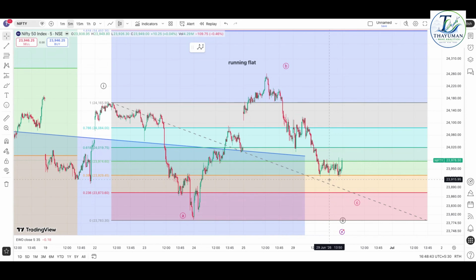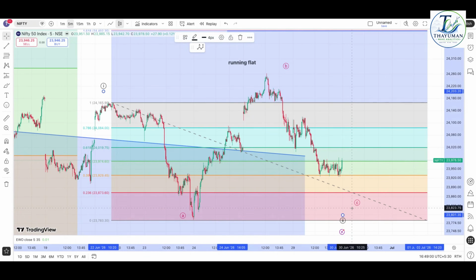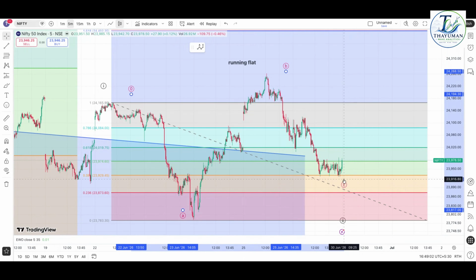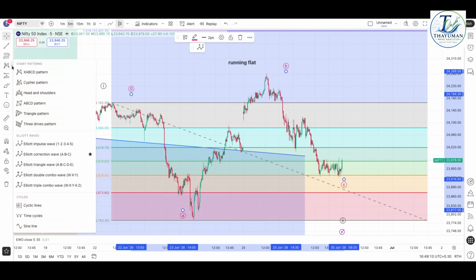Say 5 is over already here, or within this 5, this is 1 2 3, and then 4 and 5, and then we have started a next move up, which means C is already over in this case. Okay, so in this case, C is already over. If we assume this is 1, maybe we can plot and try to explain.